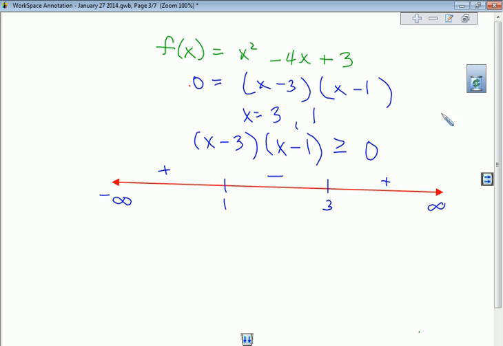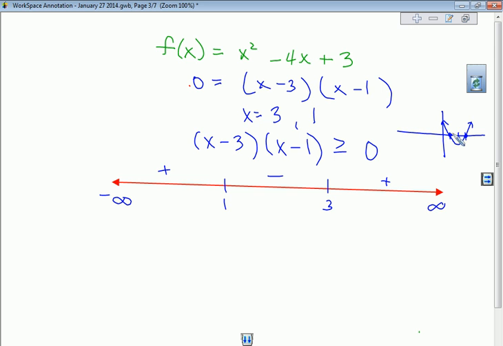Now, we can tie this into what we already know about graphing. Where would the zeros be from this graph? At 1 and 3. Does it pass through or is it tangent at those points? It passes through. And what do we know about the end behavior? Even, positive, rise, rise. So just as quickly as we could make the sign chart, we could actually sketch a graph, couldn't we?